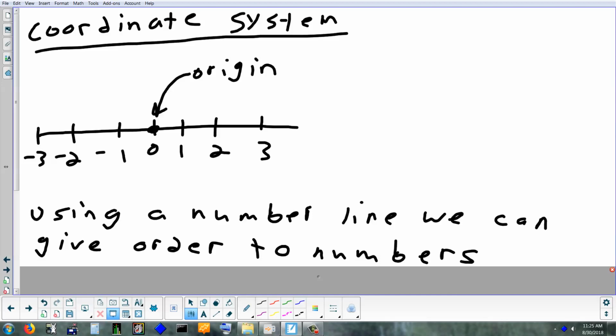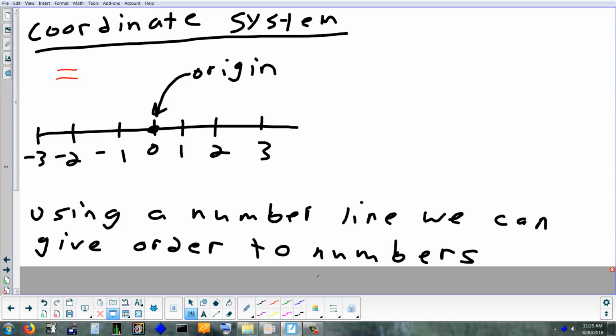Anybody know the name of the 4 symbols I'm thinking of? Well, what does that symbol mean? I know what it's called, but what does it mean? Yeah? Equal to. It means equality. Okay.